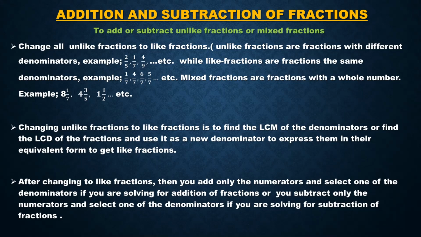Since the denominators become equal, you only add the numerators when you are dealing with addition, and choose one of the denominators, which is the same. Or when you're dealing with subtraction, you find the difference of only the numerators, and then you choose one of the denominators. Good. Let's try one more example here.